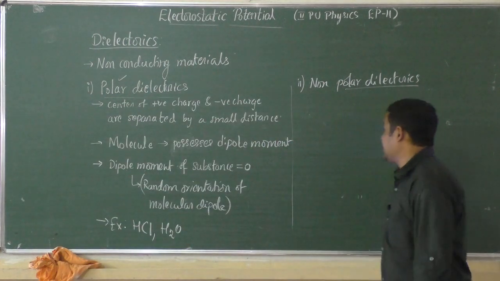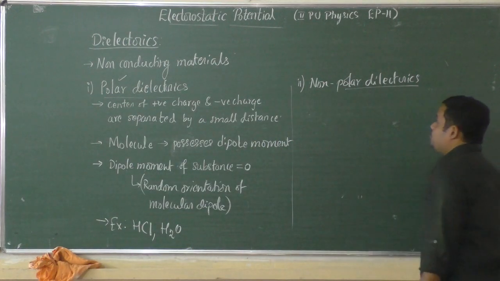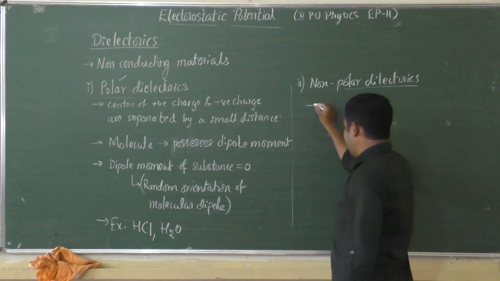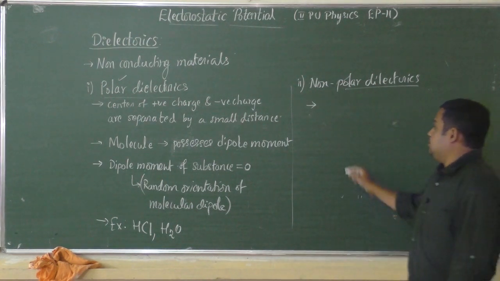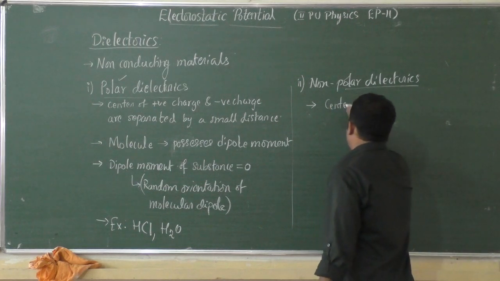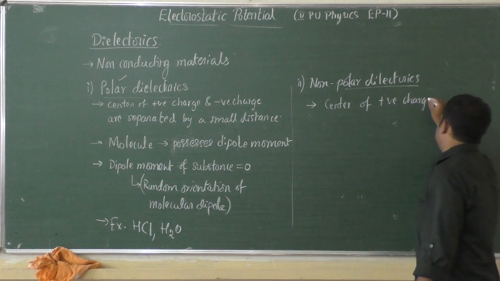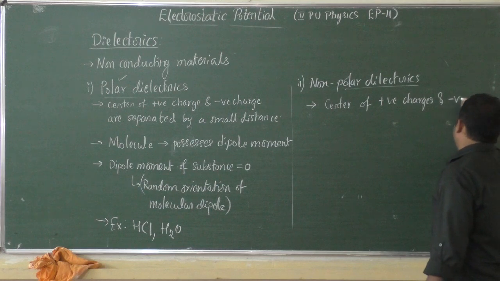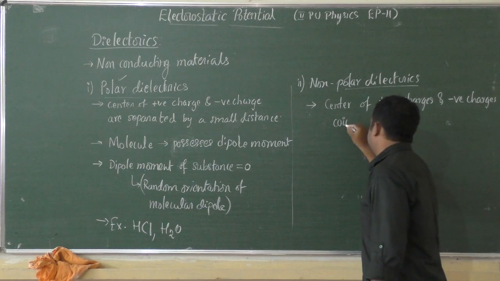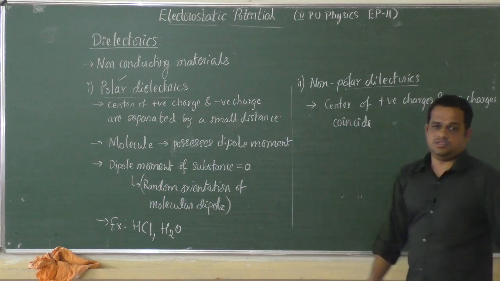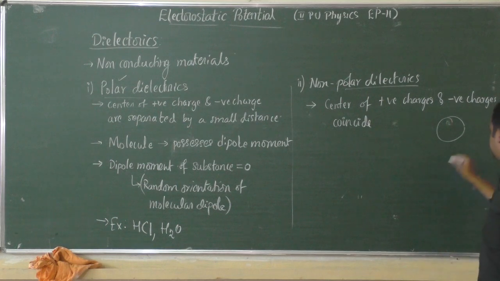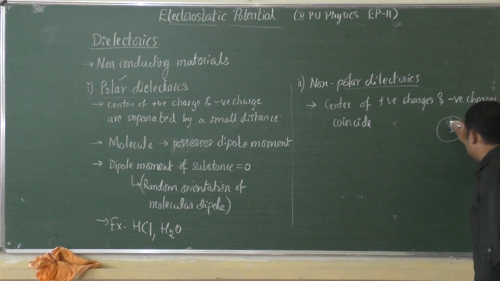Next, let us consider the second category, that is non-polar dielectrics. In case of non-polar dielectrics, in a molecule, the center of positive charges and the center of negative charges coincide with each other. If you consider a molecule, if this is the center of positive charge and the center of negative charge, the position of the center of negative charge coincides with the position of the center of positive charge.